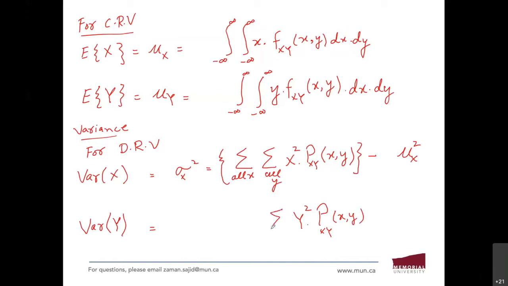And then we sum up these values. This will be for all x, this will be for all y. And once you have solved this, this should be subtracted from your mu of y square.